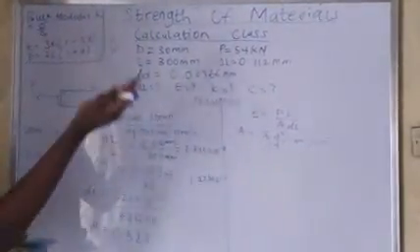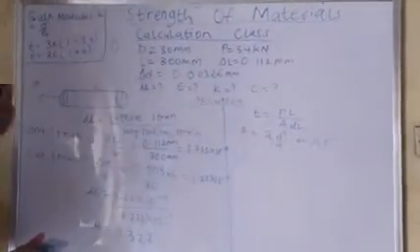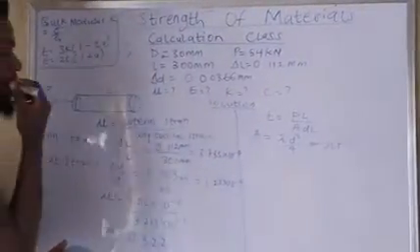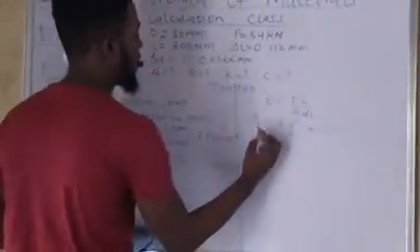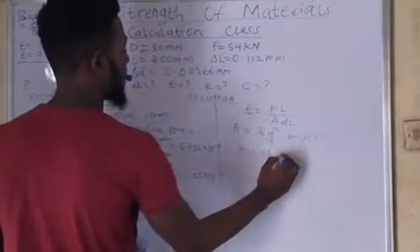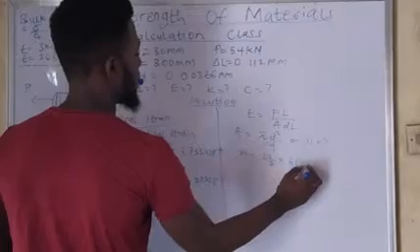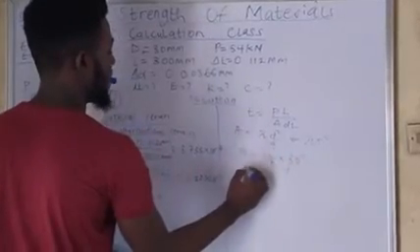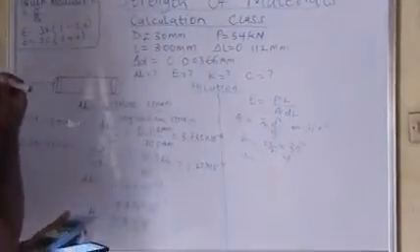Irrespective, if you want to divide to get the radius first, fine. If you want to go straight, fine. So I'm going to have A equal 22 over 7 times 30 squared over 4.